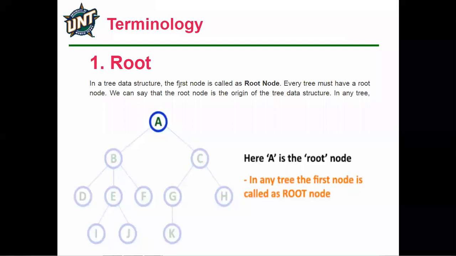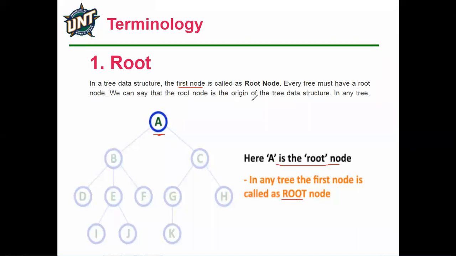In this diagram, A is highlighted in dark blue and the others in a fainter color, so you can easily understand that A is the root node. In any tree the first node is called the root node.